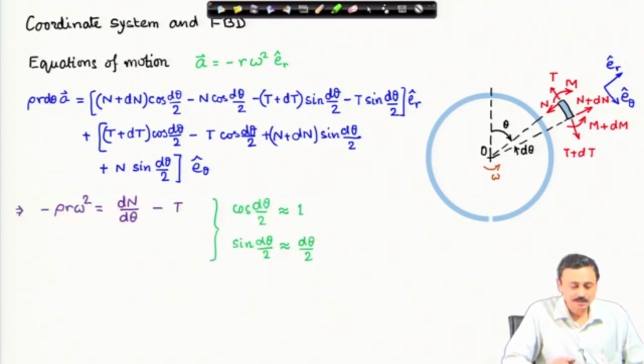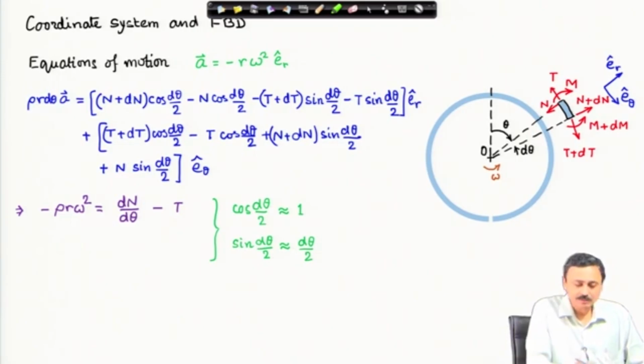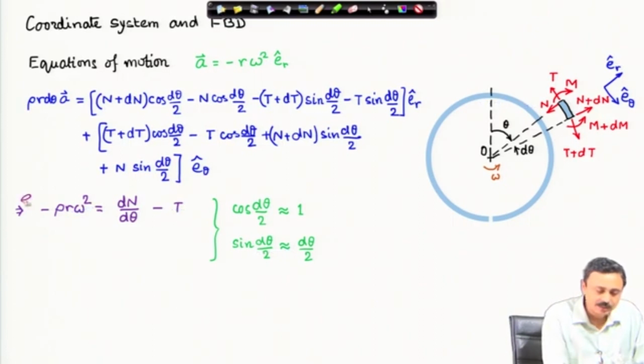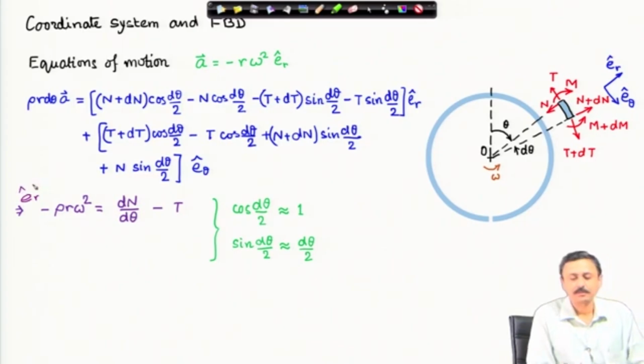That completes the equation of motion for the translational dynamics. Now, from here, if you look at the components, if you look at the two directions, this is the E r cap direction.